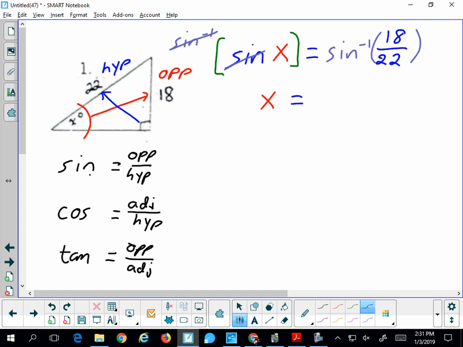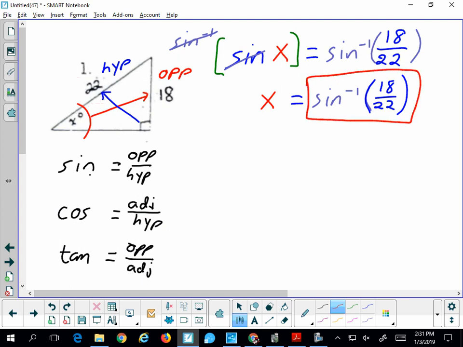That means x is equal to the inverse sine of my known ratio, 18/22. Now that I have x isolated, this is what I'm typing into the calculator.